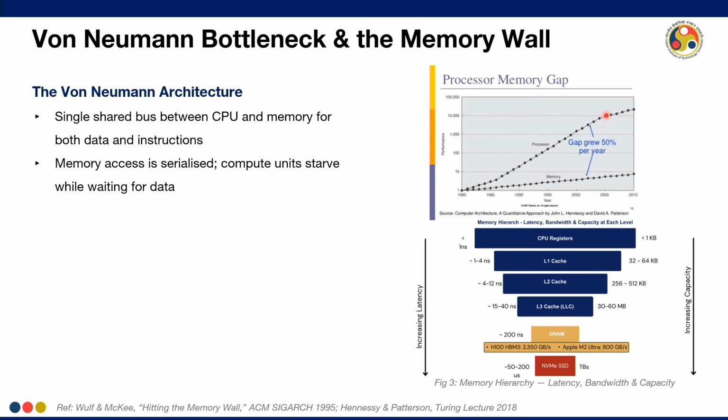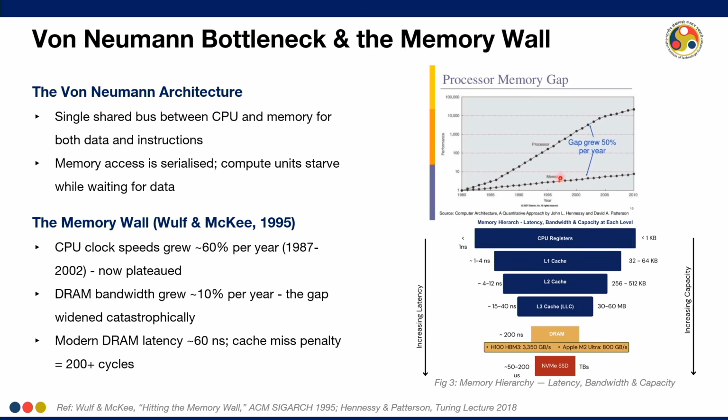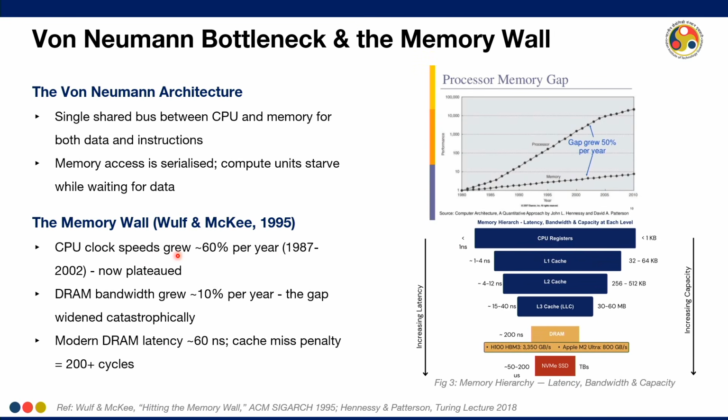You cannot keep increasing the clock speed, and you hit the memory wall as well as the power wall, because if you increase the clock frequency beyond 3.5 or 3.12 gigahertz, essentially you will melt the chip itself. CPU clock speed grew around 60% per year till 2002. Now it has plateaued. And DRAM bandwidth grew around 10% per year.